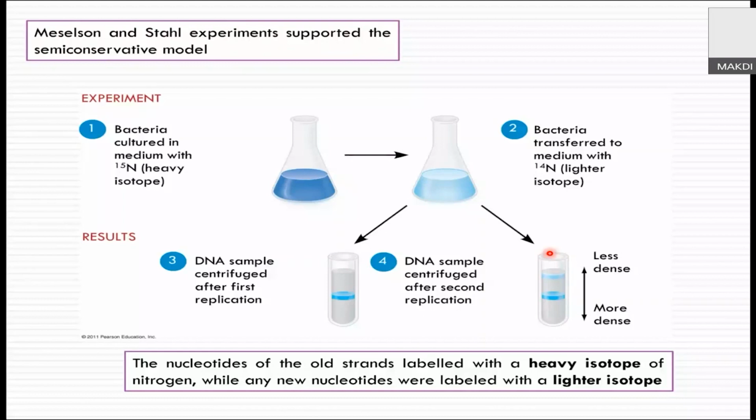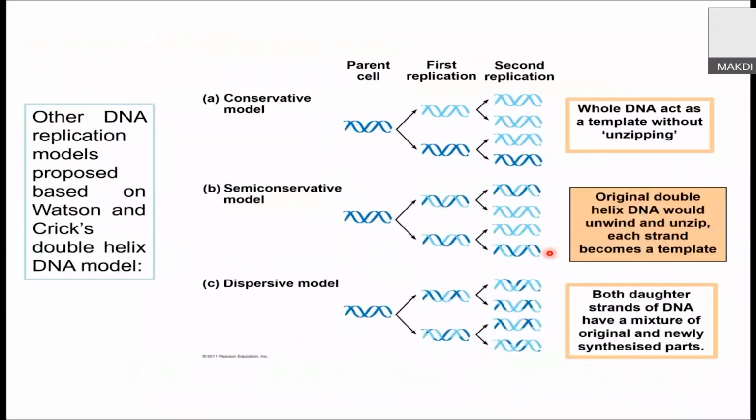Jadi belajar jalan. Okay, so the semi-conservative model is proven, where the original double helix DNA will unzip. Unzip, we use zip because later on we will look at the replication mechanism.